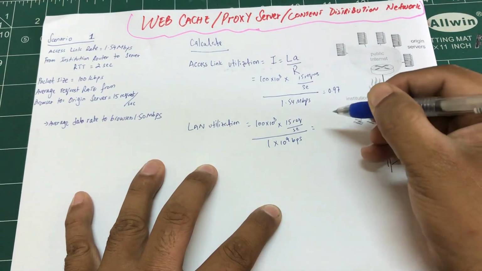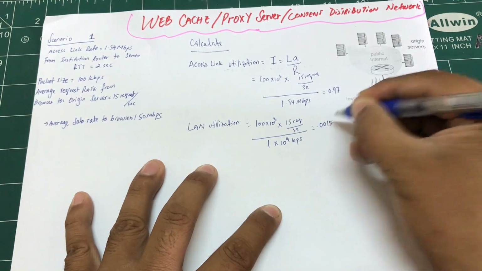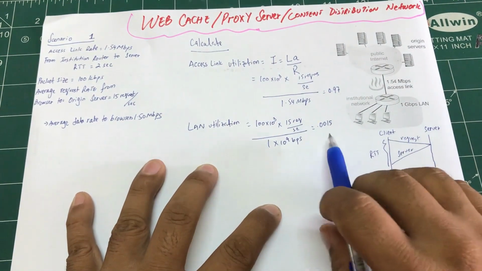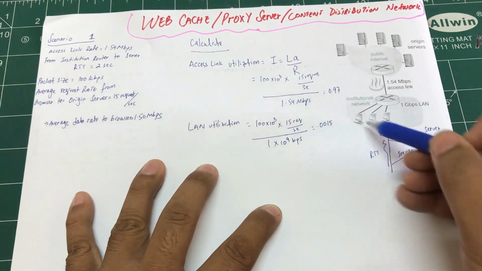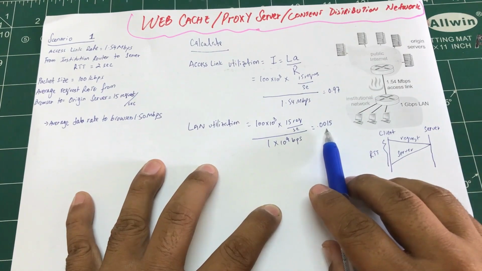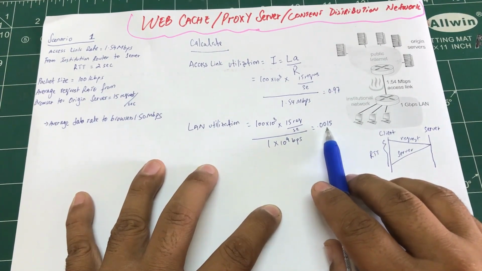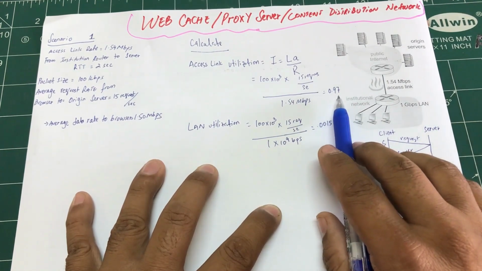That utilization turns out to be 0.0015. So this system is being underutilized. The utilization within my institutional network is about 0.0015, which is 0.15%, less than 1%, but the access link is being heavily utilized.